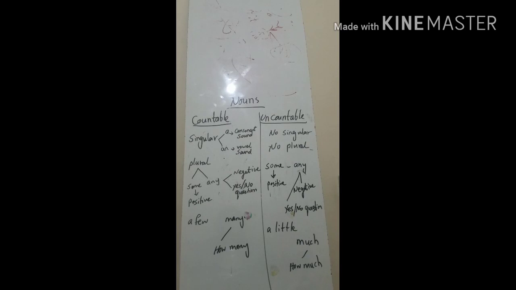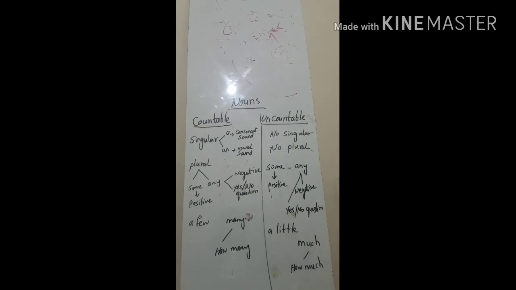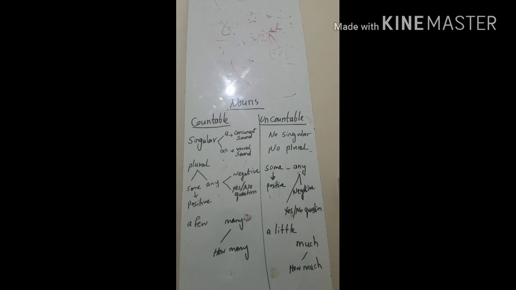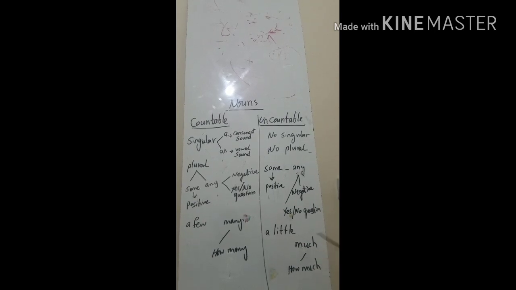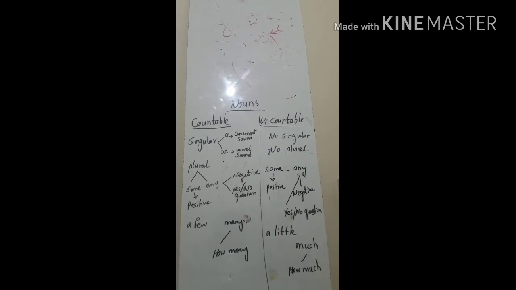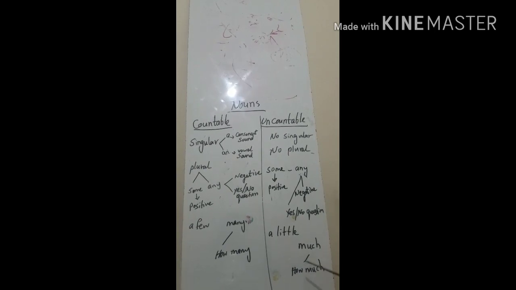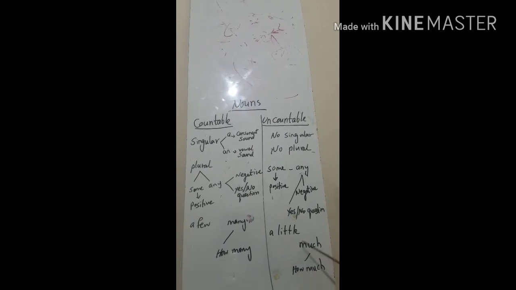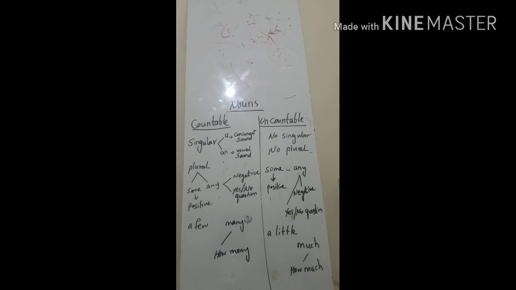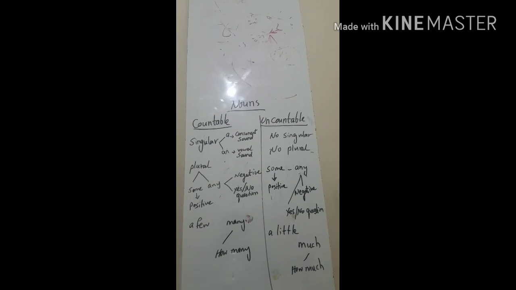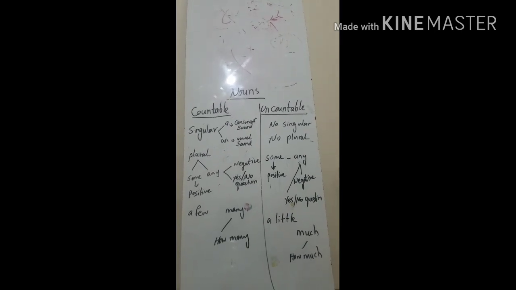If the quantity is small, I will use a little, when I say, I have in my glass a little sugar. Much is used with a lot or a big quantity. Also, I will use much with how: how much cheese do you want? How much sugar do you need?